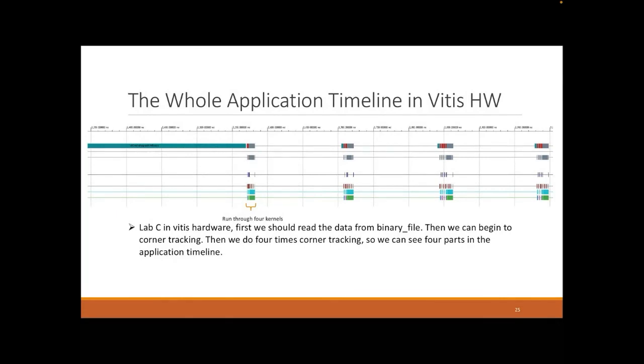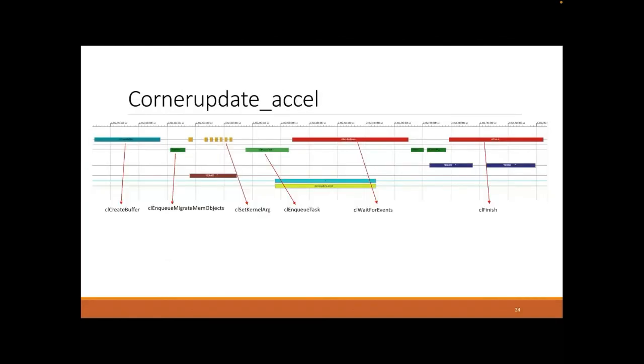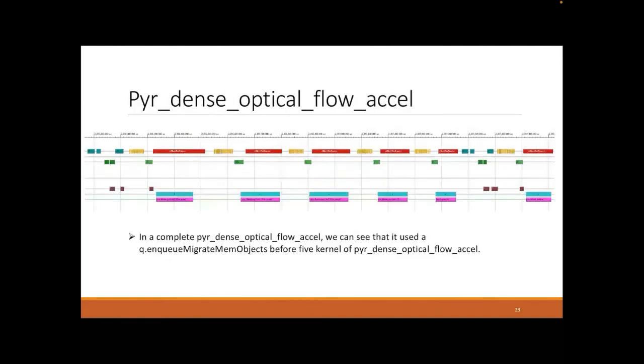The whole application timeline. Oh, okay. So there's one iteration, another iteration. And this is for the image, and the iteration will do in this. The optical flow will iterate in this, yes.